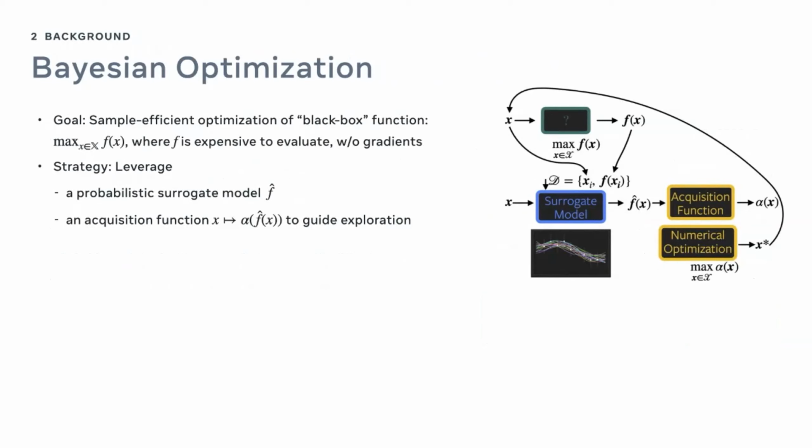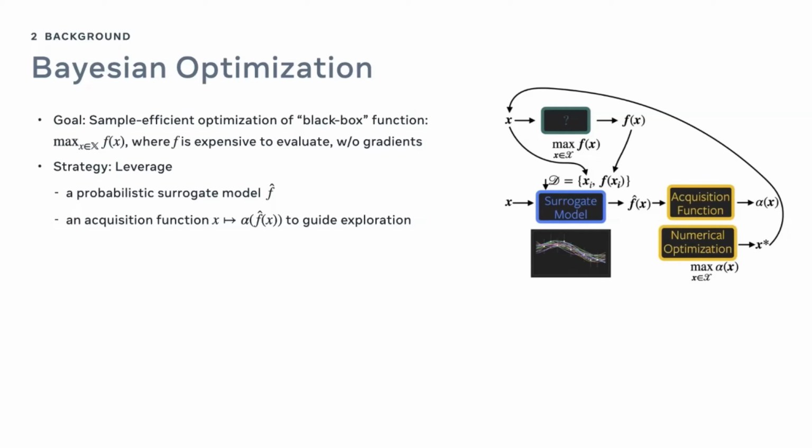So a little bit of background to get started. Bayesian optimization is a general method for sample efficient optimization of black box functions. Given an expensive to evaluate function f, you don't know the functional form, and you don't have gradient access. You want to optimize that. The strategy of Bayesian optimization is to leverage a probabilistic surrogate model f hat together with an acquisition function alpha.